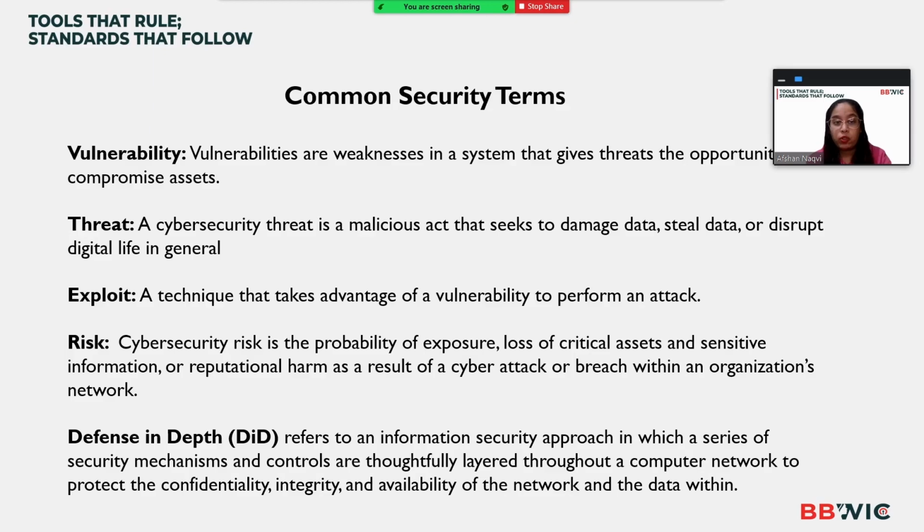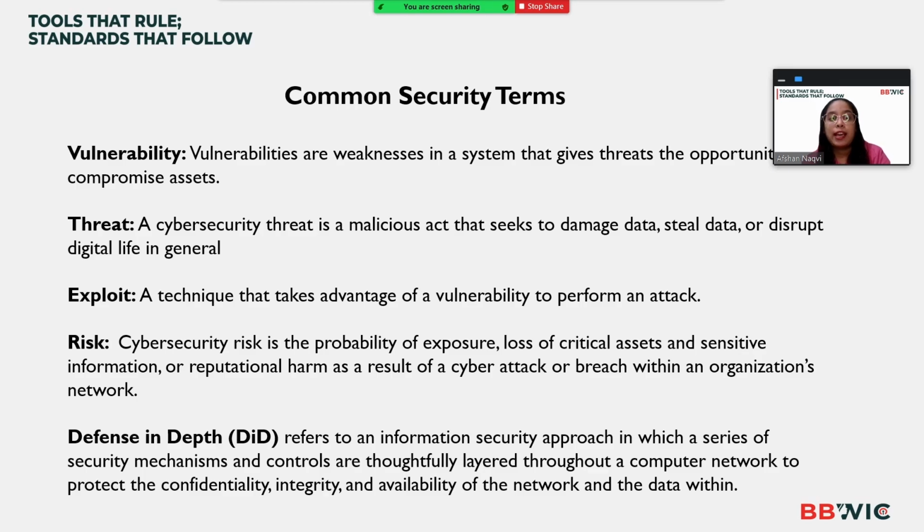Next one is a threat. A cybersecurity threat is a malicious act that seeks to damage data, steal data, or disrupt digital life in general. Cyber threats include computer viruses, data breaches, denial of service, that is DoS, and other attack vectors.